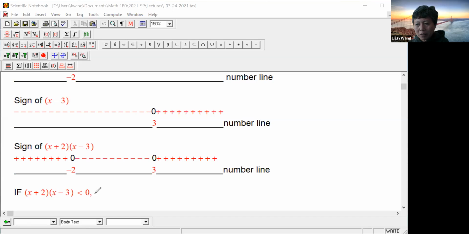When will the product be negative? Where do you find those x's such that the product is negative? Right here, right? Do you follow me? And that is where you find the solution.